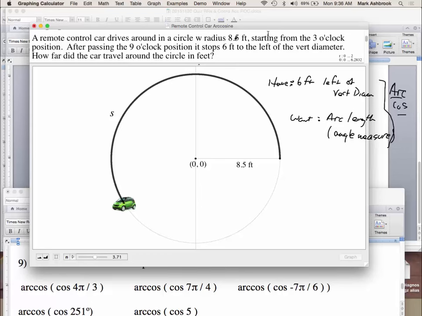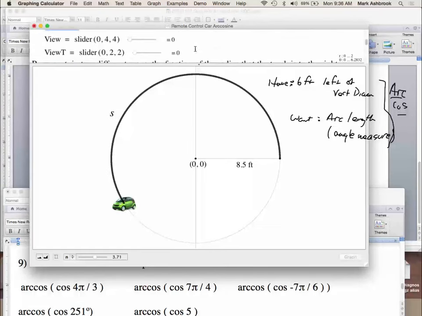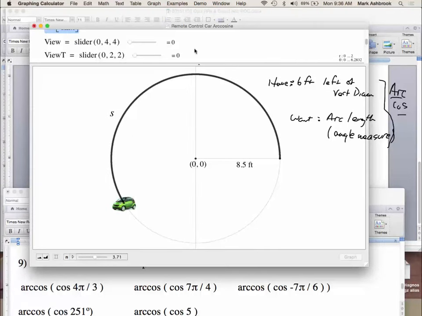Okay, so let's take a look. So this is our 6 feet. One more. There's our 6 feet, okay?